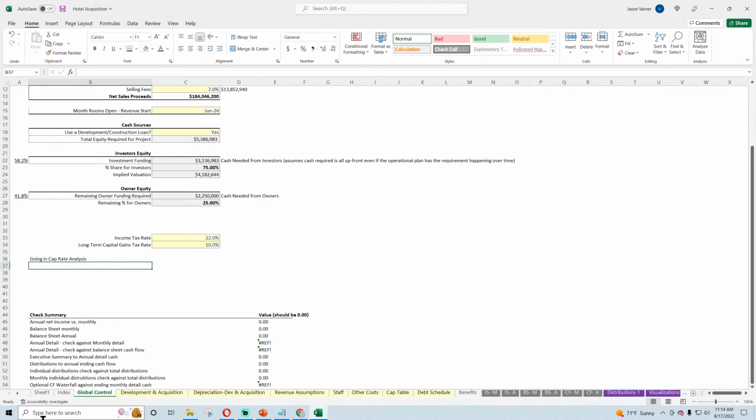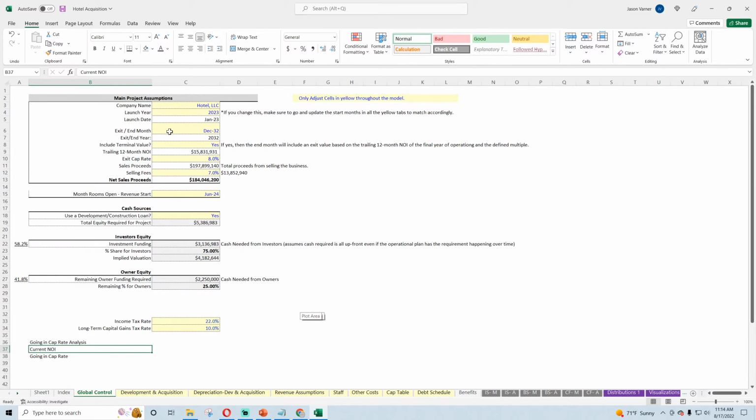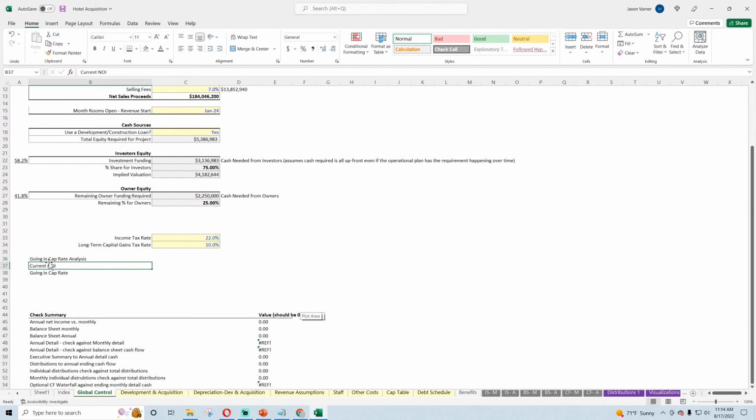It might not be applicable if you're building something, but if you're acquiring a hotel, then you do current NOI, and then going in cap rate is just based on the purchase price. Which do we have? That would be over in the acquisitions, which could vary. So what we're going to do is put that as an input.